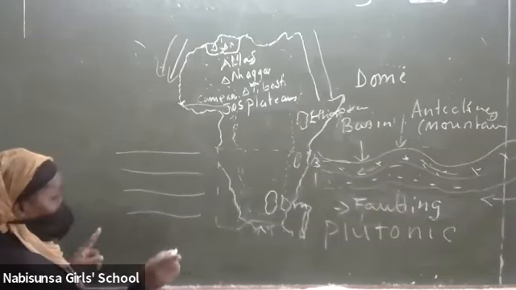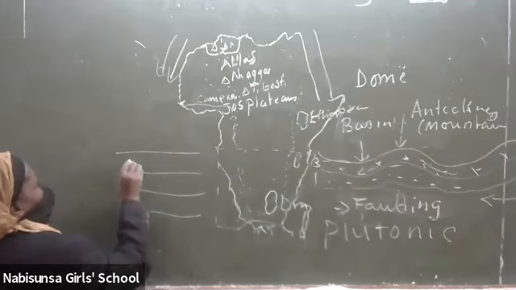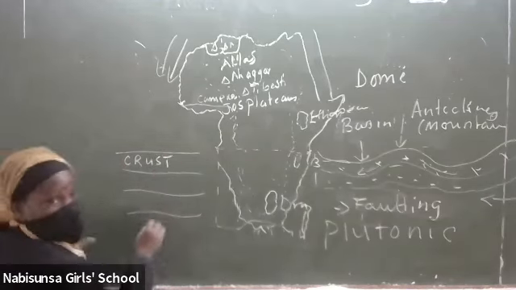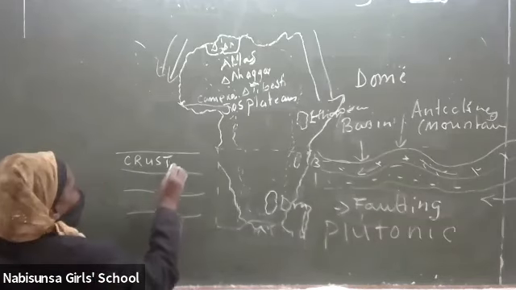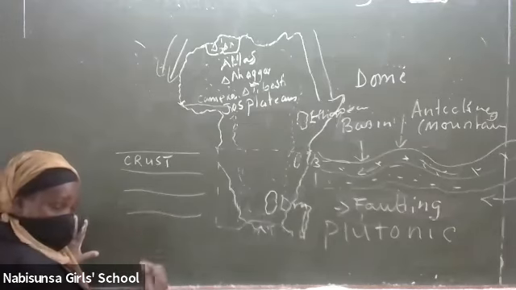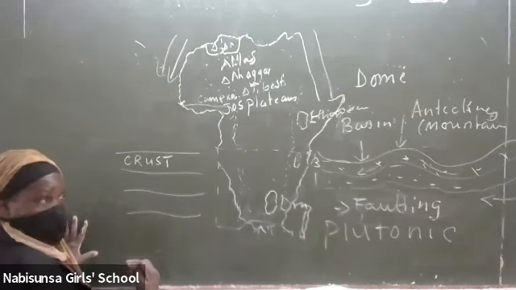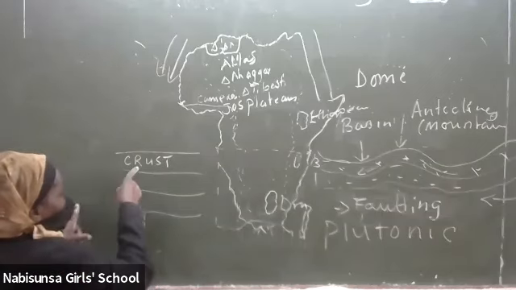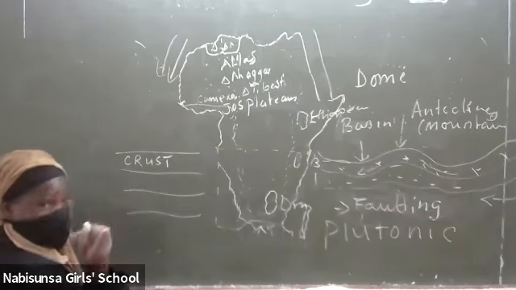Remember the layers of the earth, people. We said that this is the crust. Can you see? I'm writing here. This is the crust. When they talk about crust, don't get confused. This is the crust, not with the eye.